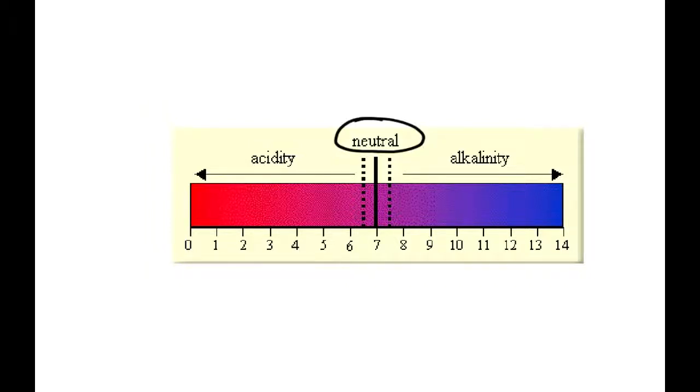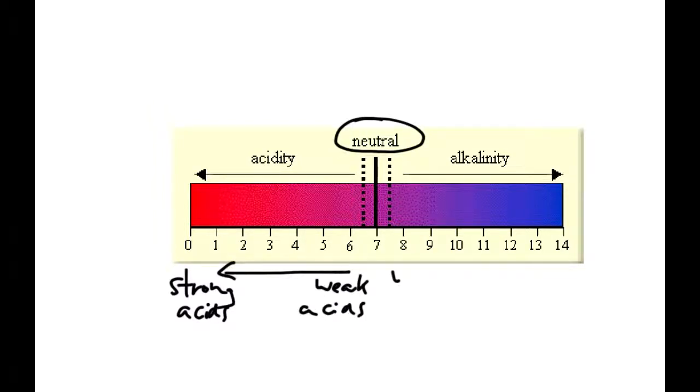And as you progress from 7 down towards 1, the acid gets stronger. So this is increasing strength. So this is strong acids, and this is weak acids. This is weak bases. This is strong bases.